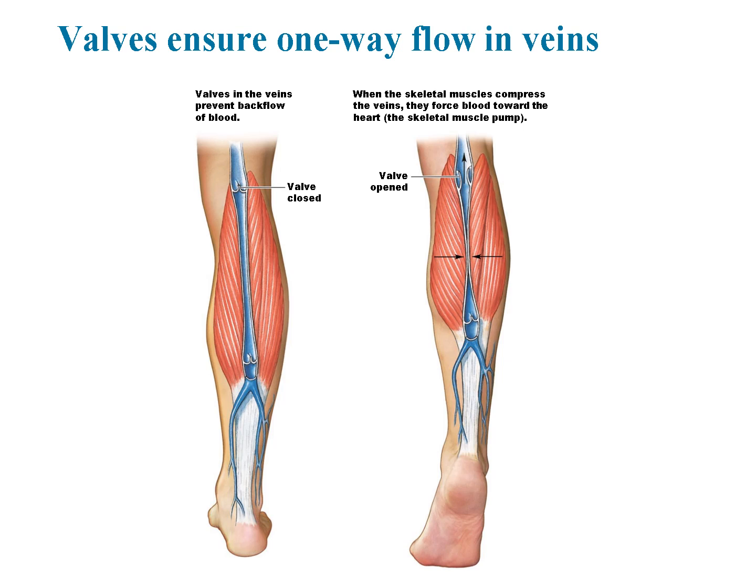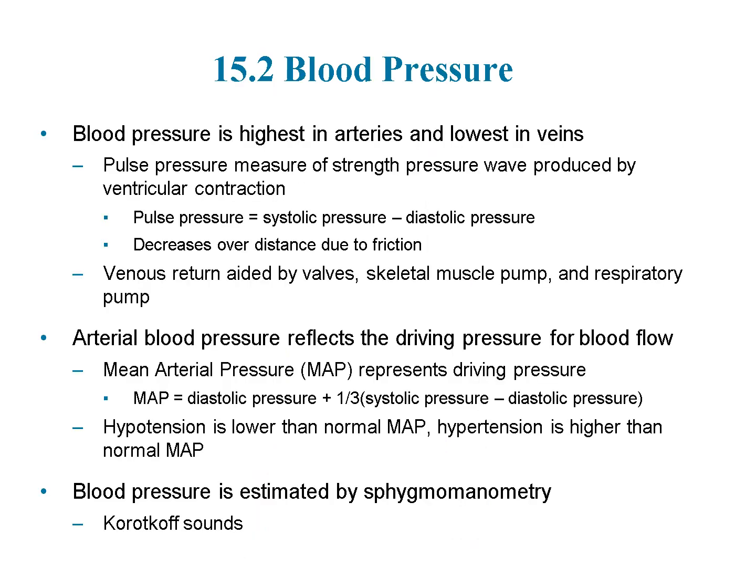Blood pressure is the force exerted by circulating blood against the walls of blood vessels. It is highest in the arteries and lowest in the veins, ensuring that blood moves efficiently through the circulatory system. One key measurement of blood pressure is pulse pressure, which represents the strength of the pressure wave created by ventricular contraction.